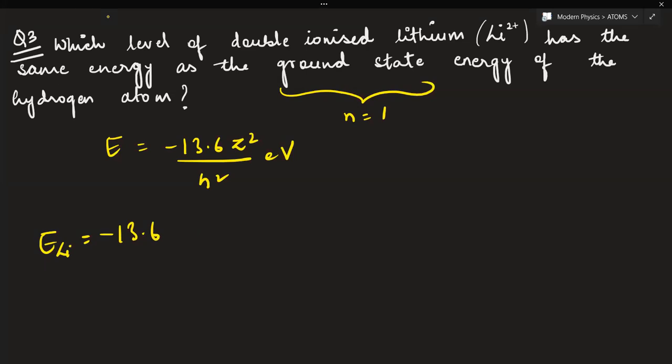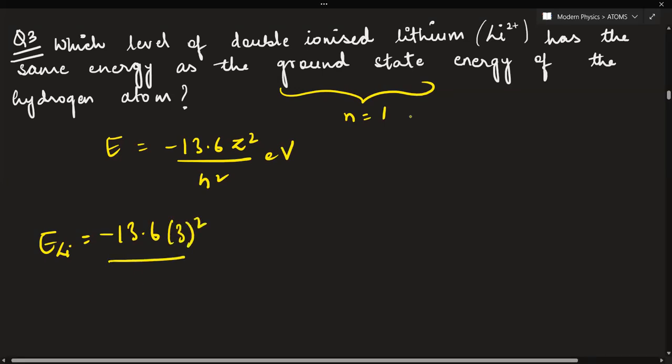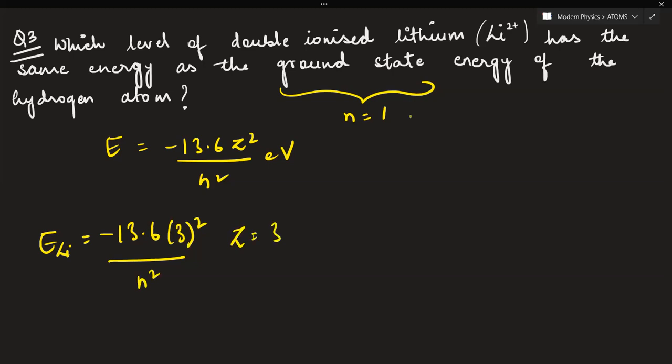The number of lithium in the periodic table: hydrogen, helium, lithium. So Z is 3. That means 3 square and n is unknown. This is because Z is equal to 3. That's why we have written this.